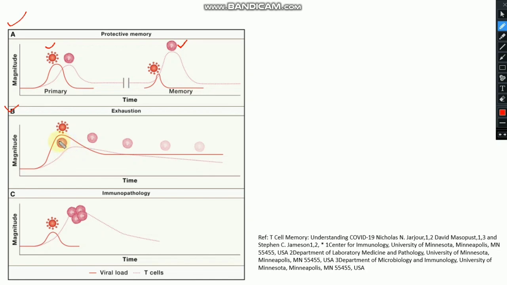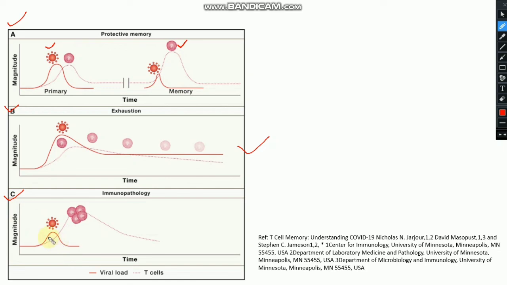The T cells cannot destroy this virus. So what happens then? A chronic infection occurs. The memory T cells cannot eliminate or destroy the pathogens, then the viral load will be higher, and a chronic infection might occur here.